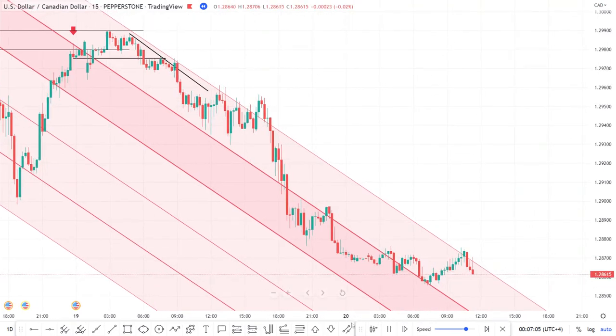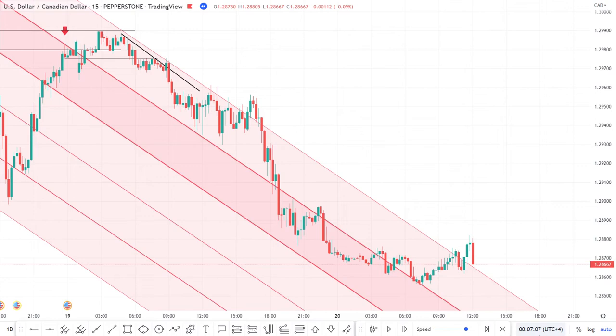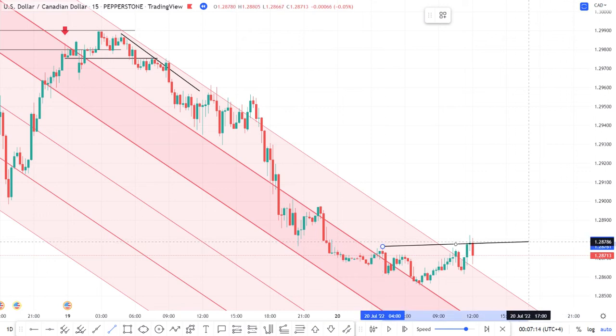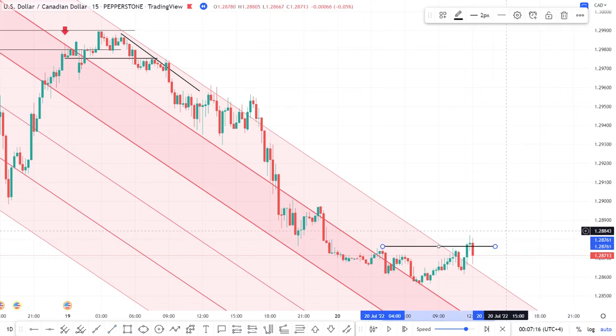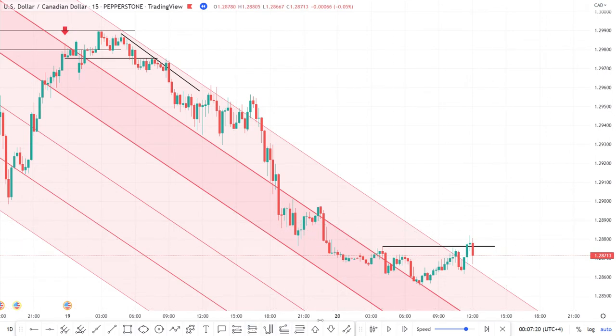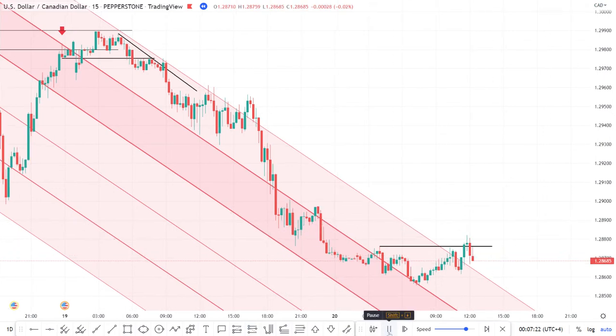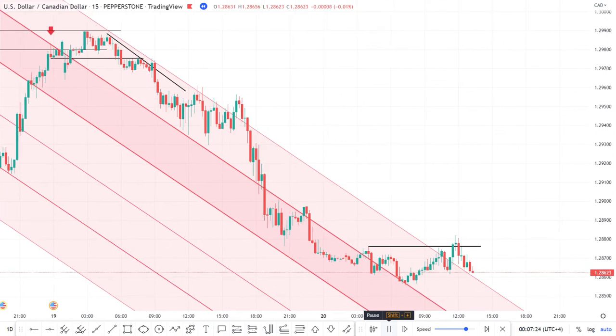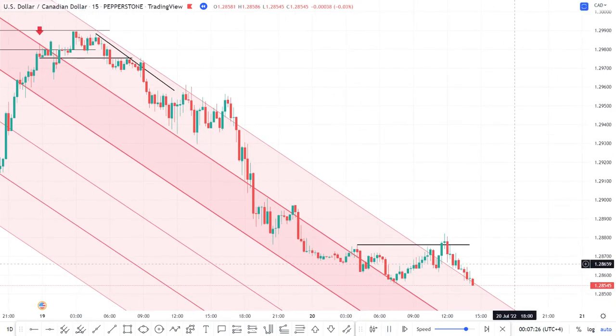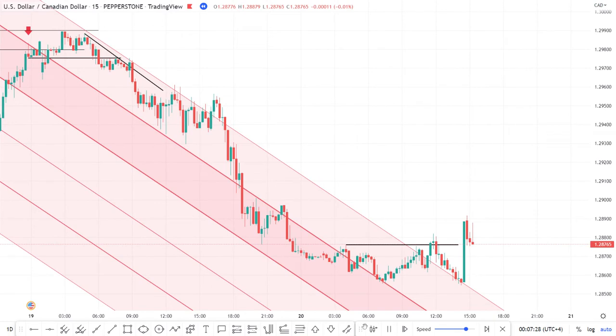So let's see kung ayun, na-take down or na-take out yung minor low. And let's see kung ano pa mangyayari. Exciting. Kikreate pa siya ng lower low? Nope.